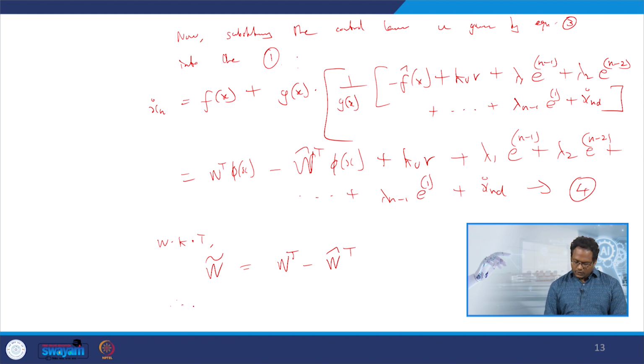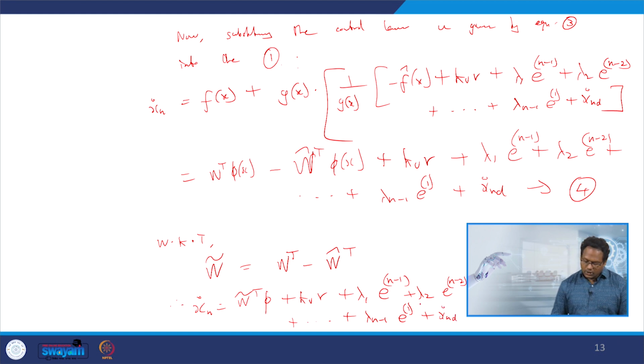Therefore, we can write x n dot equal to w tilde transpose phi plus kv into r plus lambda 1 times the n minus 1th derivative of error plus lambda 2 times the n minus 2 derivative of error, and it continues, plus lambda n minus 1 times the first derivative of error plus x n d dot.